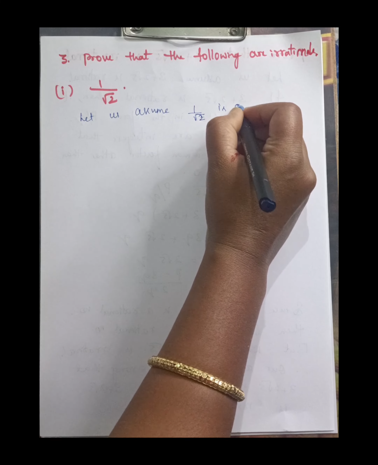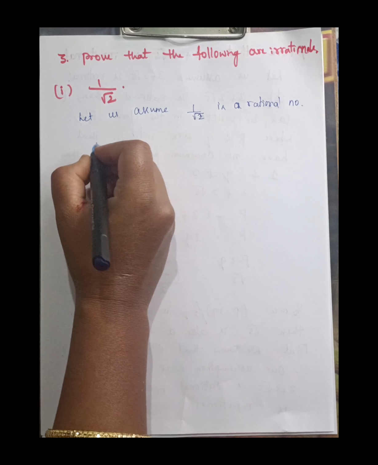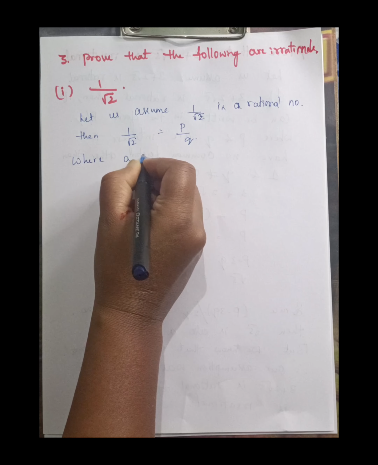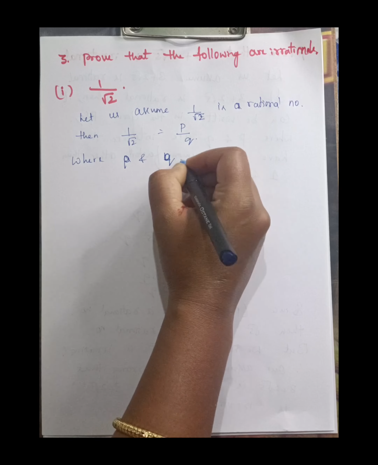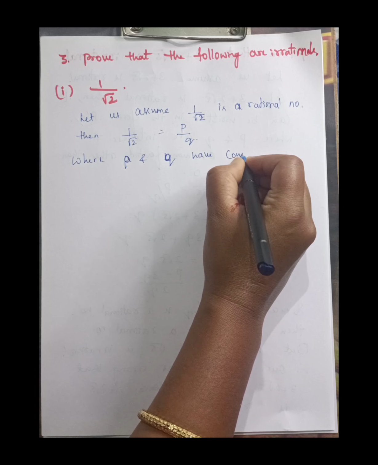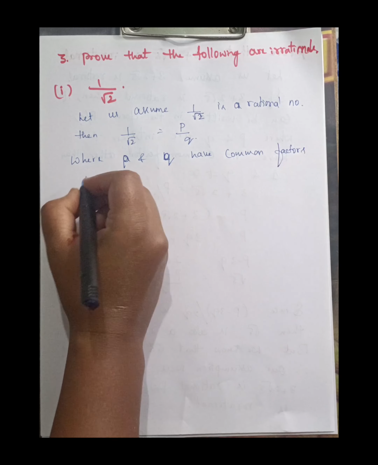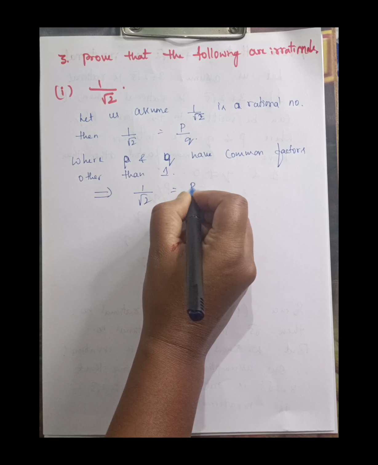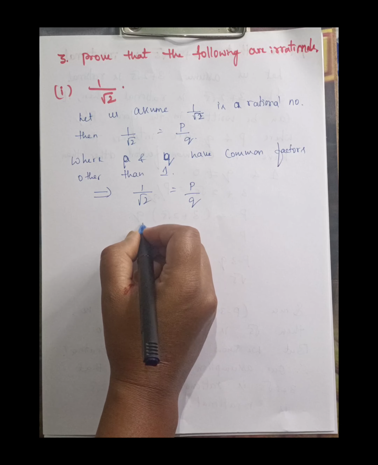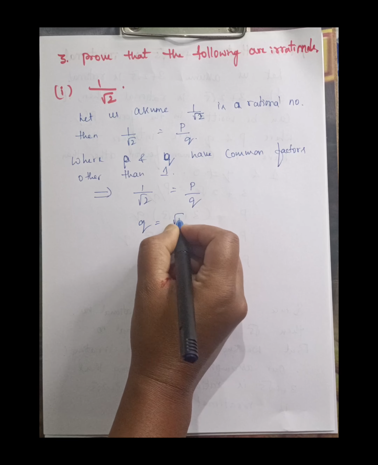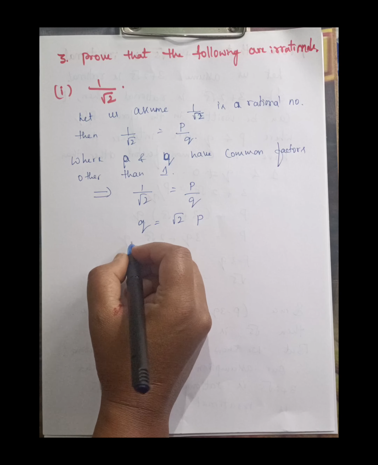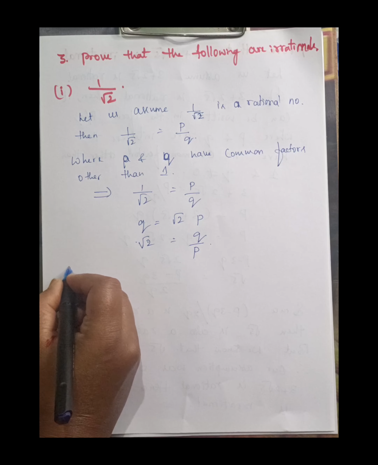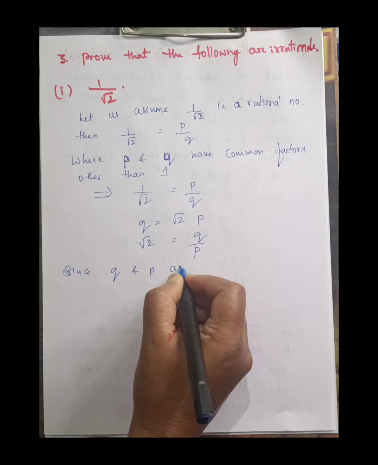Let us assume that 1 by root 2 is a rational number, then 1 by root 2 is equal to p by q, where p and q are co-prime numbers, or p and q have no common factor other than 1, which implies that 1 by root 2 is equal to p by q. q is equal to root 2 into p. Root 2 is equal to q divided by p.